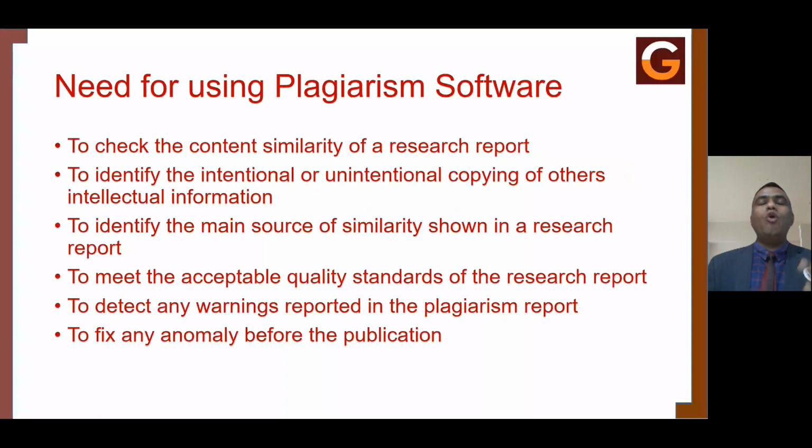Based on that, you will also come to know where the content in your research report was copied from. For example, if your research report is showing 5% similarity, it will also tell you the link where the content was copied. So based on that, you will be able to know where you have actually committed an error, which gives you an opportunity to correct it before even communicating with the journal for publication.